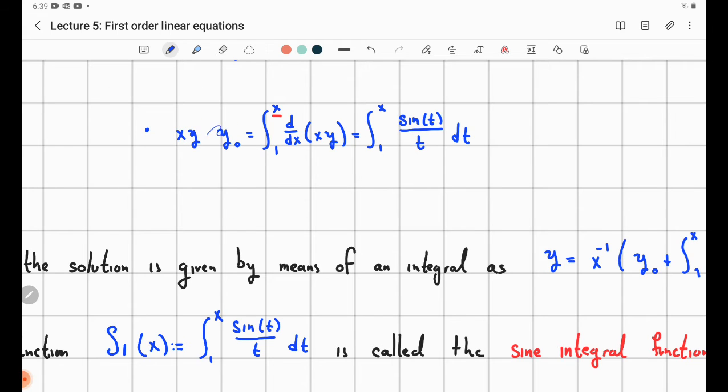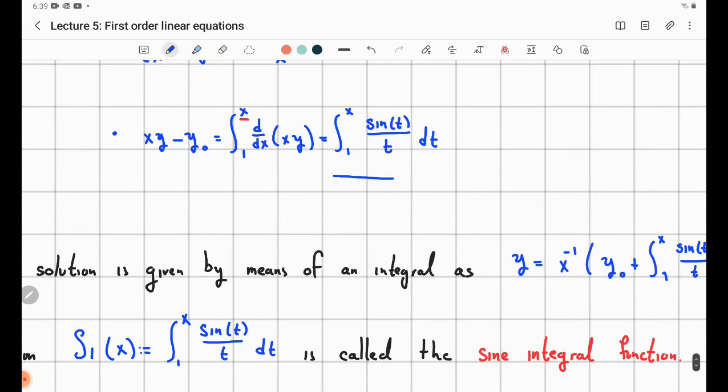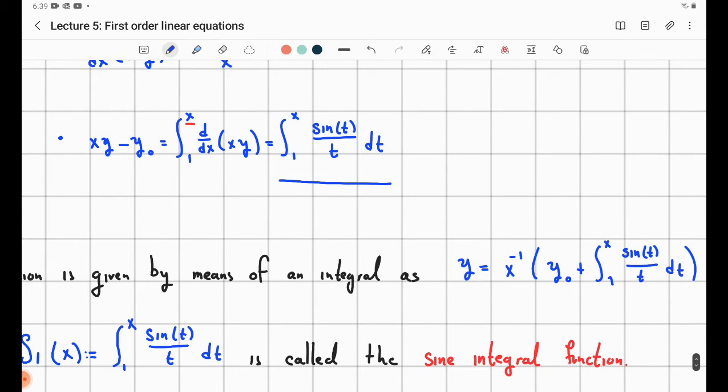Okay, but note that the expression on the right-hand side is an integral of a trigonometric function divided by t. So we have the integral of sine of t divided by t, and unfortunately we cannot write down this integral in terms of elementary functions. I mean, you cannot find some combination of elementary functions like polynomials, rational functions, trigonometric functions, exponentials, logarithms.